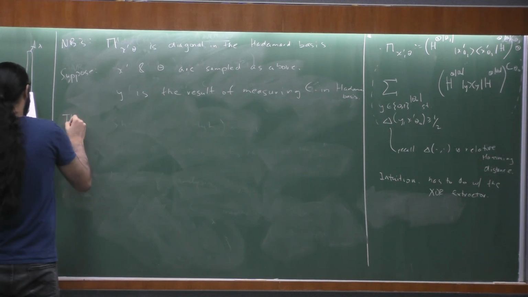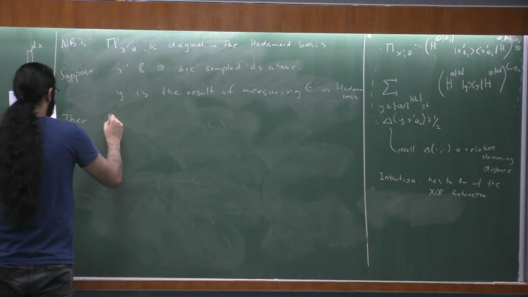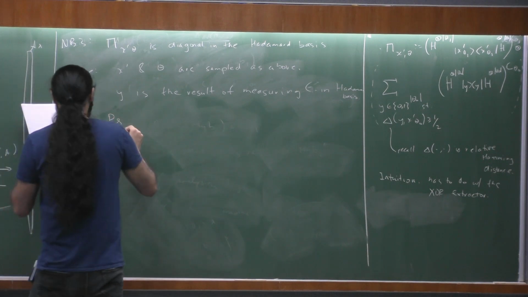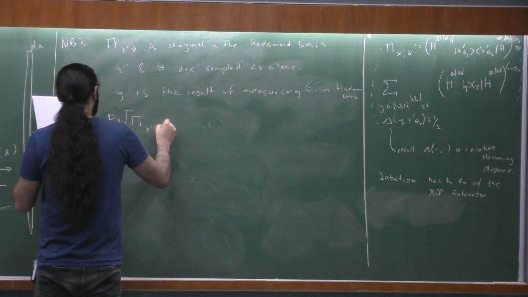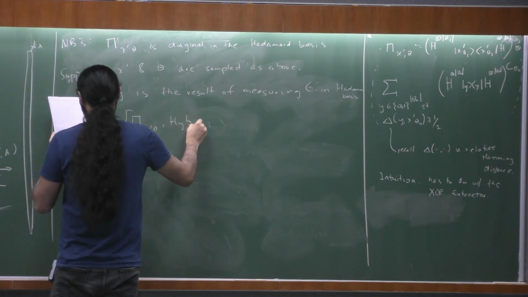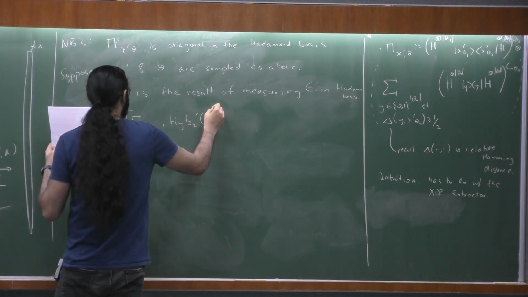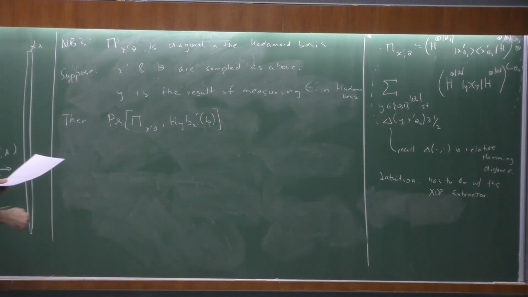Okay, then we'll have the following. The probability that x prime theta acting on hybrid 2 prime. X prime was sent by the adversary, right? Then what we have sampled? Sampled as above, in the sense that they're random variables.